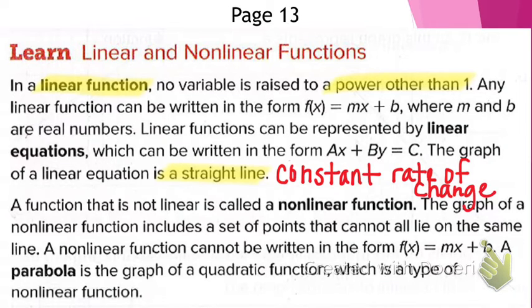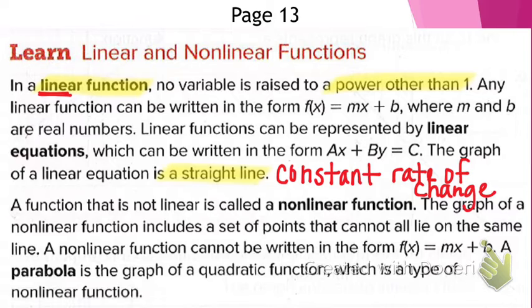So linear, the word linear, what are the first 4 letters in the word linear? Line. Does everyone see that? If it's linear, it's going to be a straight line. So that's what you need to know about linear.